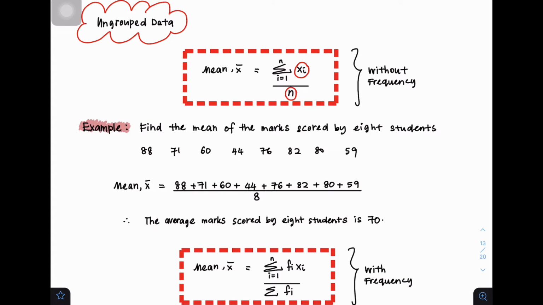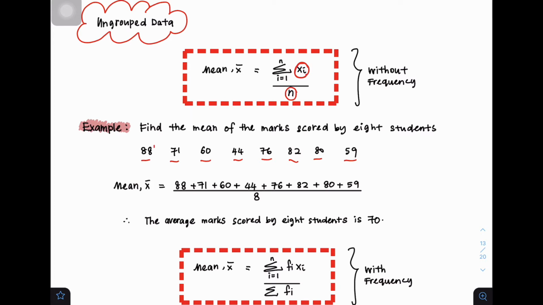N adalah jumlah data. So kalau awak tengok example, find the mean of the marks scored by 8 students. Cari purata markah yang di-score oleh 8 pelajar. Okay, so kita ada markah pertama, kedua, ketiga, keempat, kelima, keenam, ketujuh, ke-8. So apa maksud summation of data?